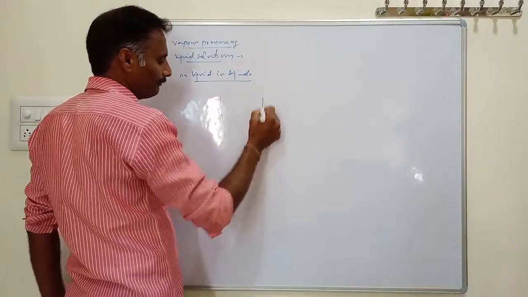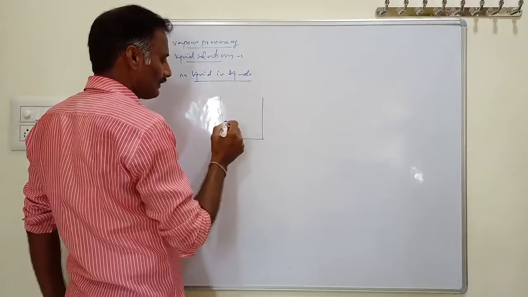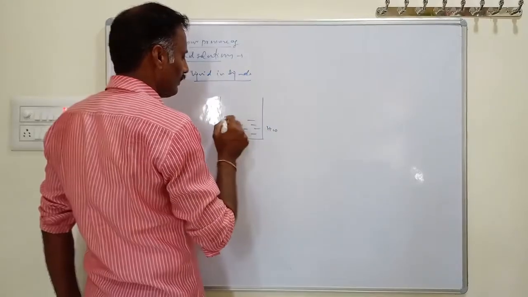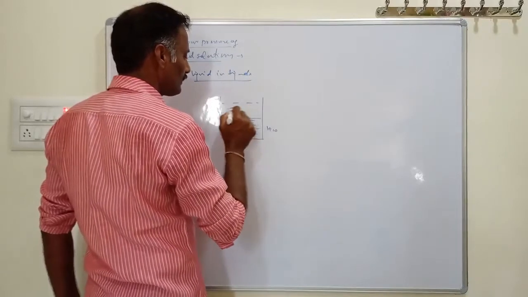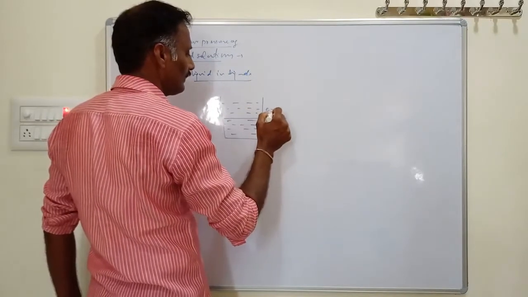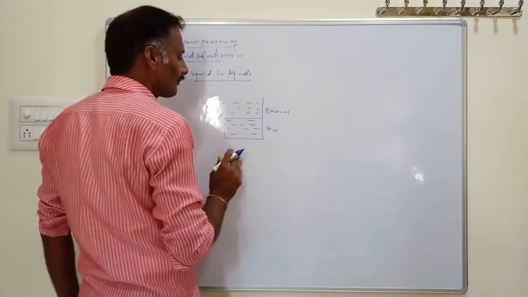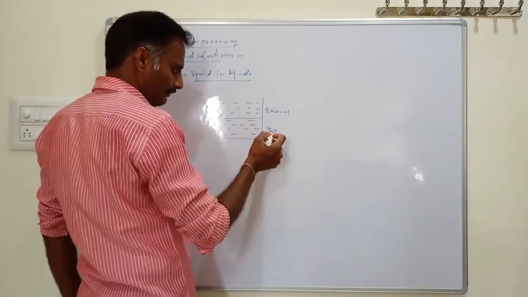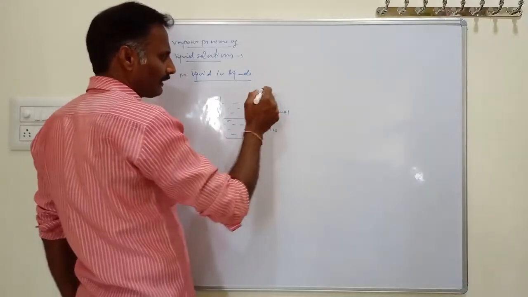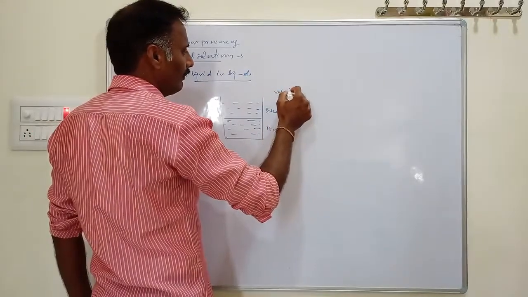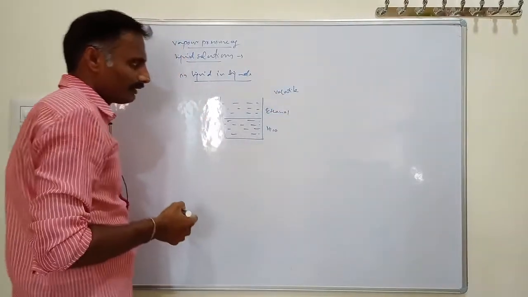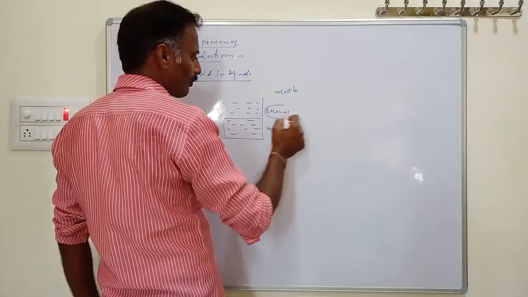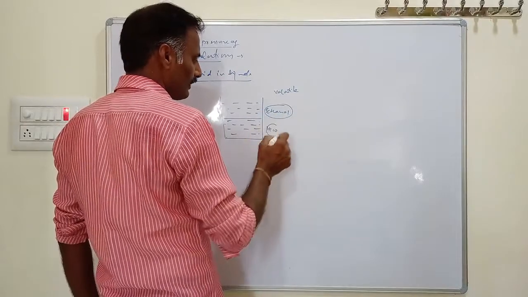This is a vessel containing one liquid, water, and one more liquid, ethanol. Liquids have one property: they are volatile, meaning they vaporize. This is one component in the solution, and this is one more component in the solution.